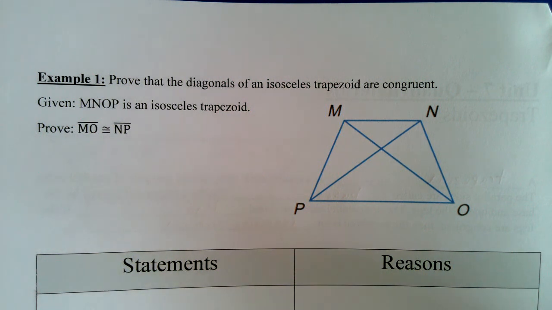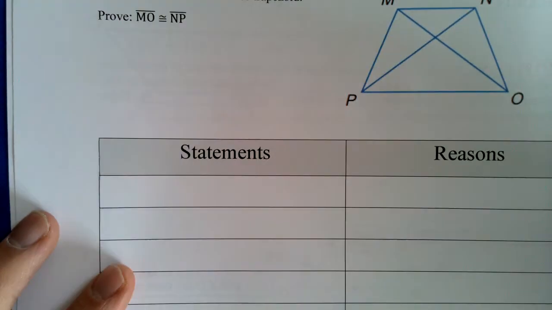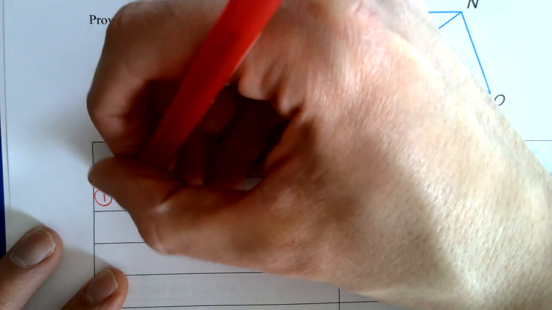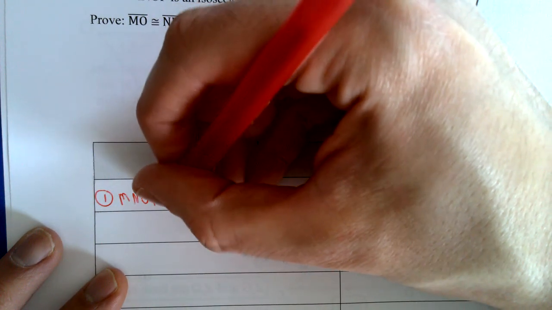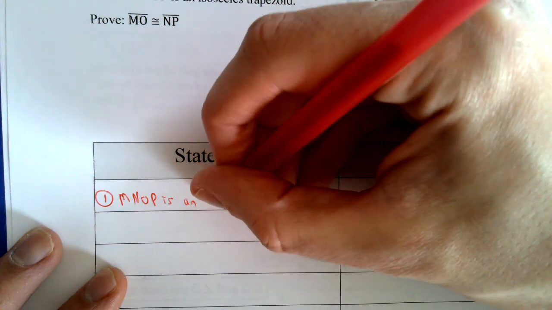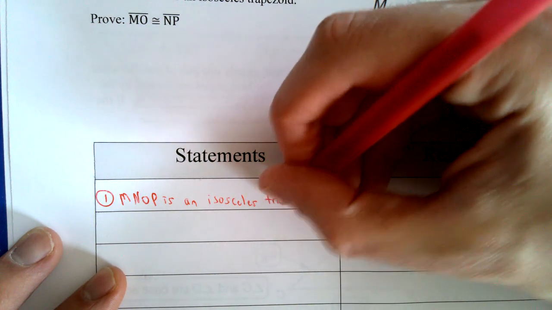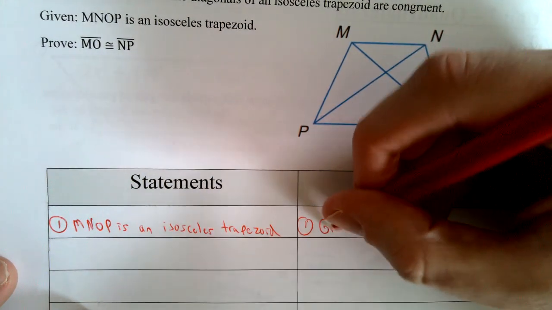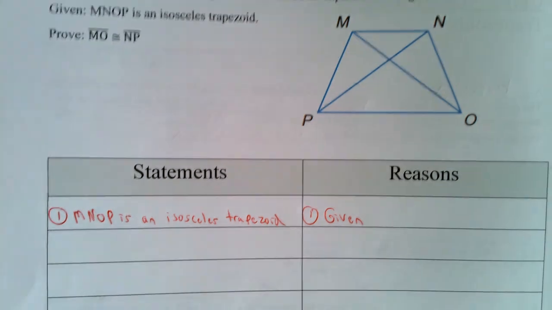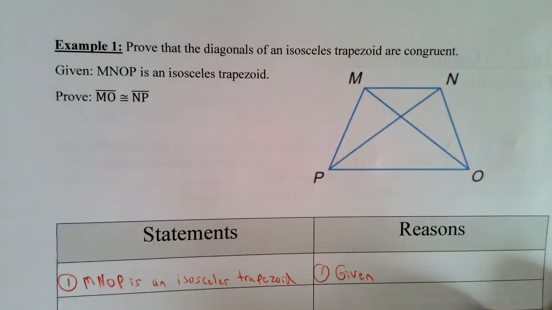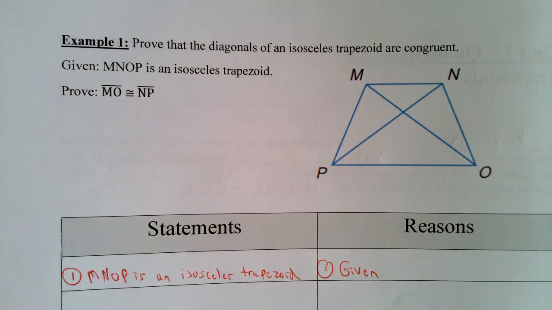That'll be my first statement. We want to prove that MO, that diagonal, is congruent to NP, the other diagonal.